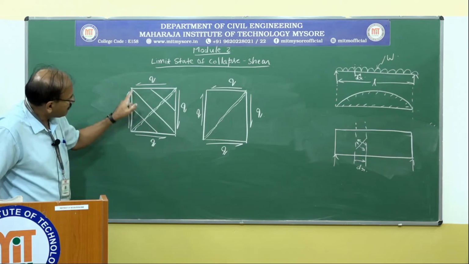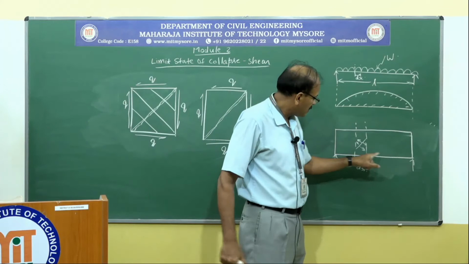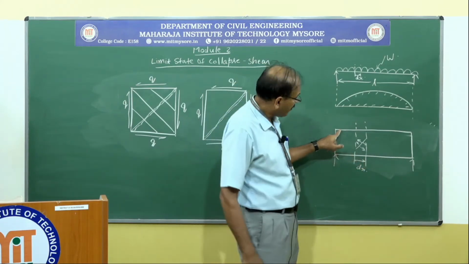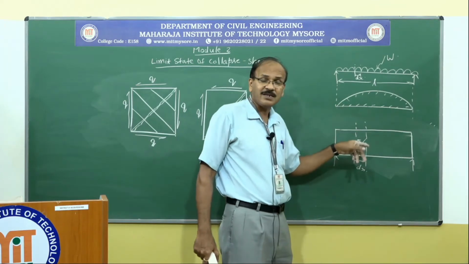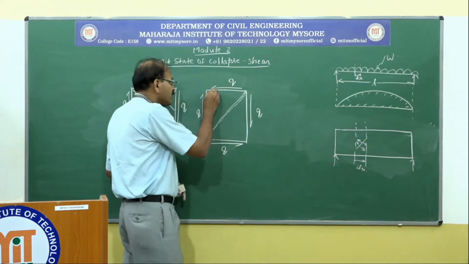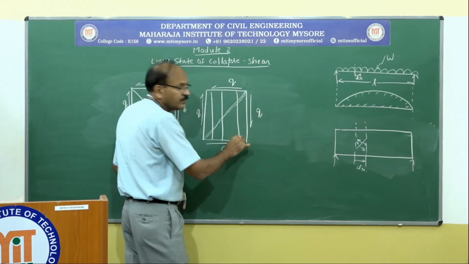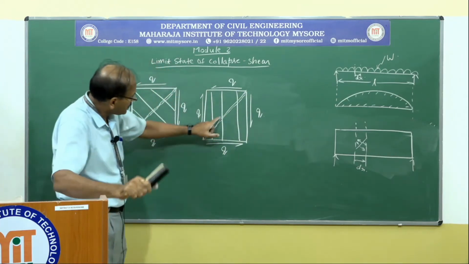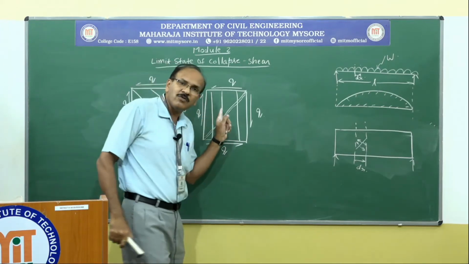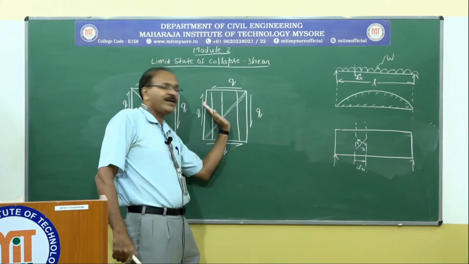So these bars may be bent up bars. If you are providing reinforcement here at the bottom, some bars are bent up, or if you want, you can avoid that and you can provide vertical stirrups to take care of shear. So those vertical stirrups are provided like this. So these vertical stirrups will carry a certain amount of shear force. Say this will have a component in this direction.